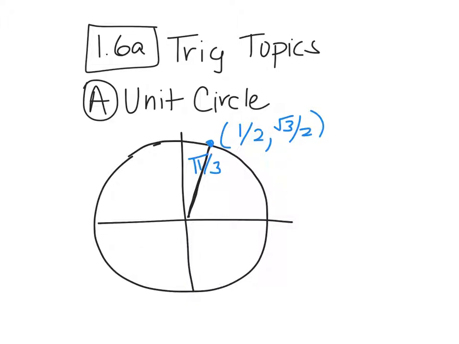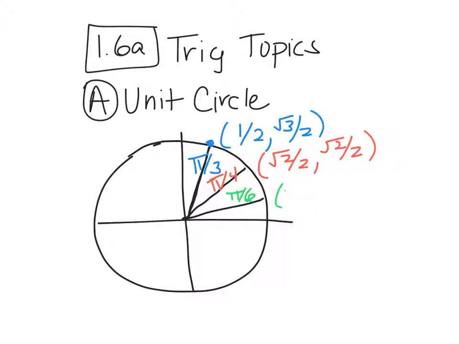So at pi over 3, this is 1/2, rad 3 over 2. The angle in the middle is pi over 4. So 1/4 of a pi. And that's the easy one that people remember. Rad 2 over 2, rad 2 over 2. And I have my answers as rationalized, not 1 over rad 2. And then over here, I've got this angle, which is pi over 6, 1/6 of the pi, very small.